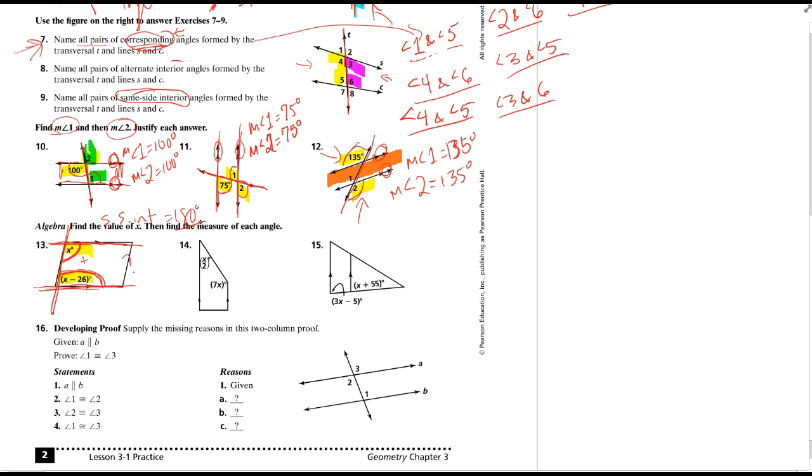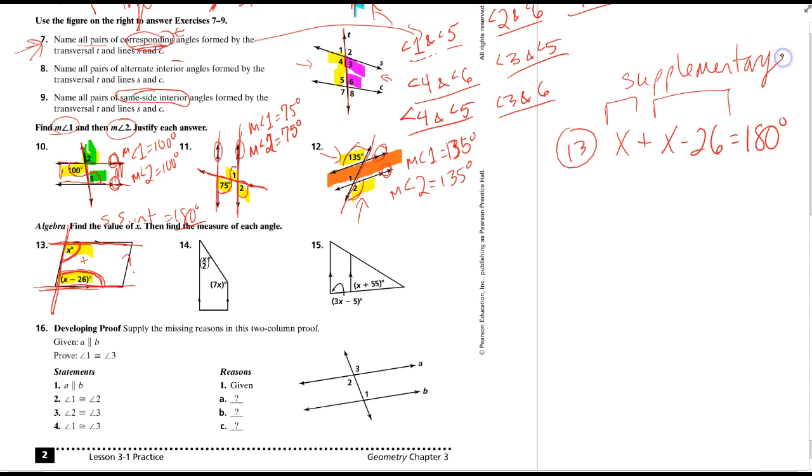So let me do that over here. Number 13. X plus x minus 26 is 180 because this angle and this angle are supplementary. So I can combine like terms and get 2x minus 26 is 180, and the reason is simplification.